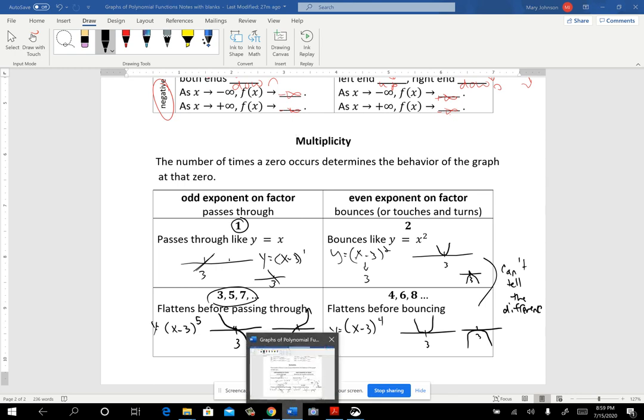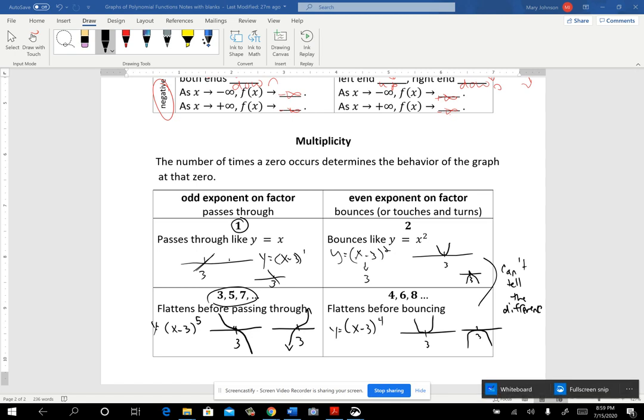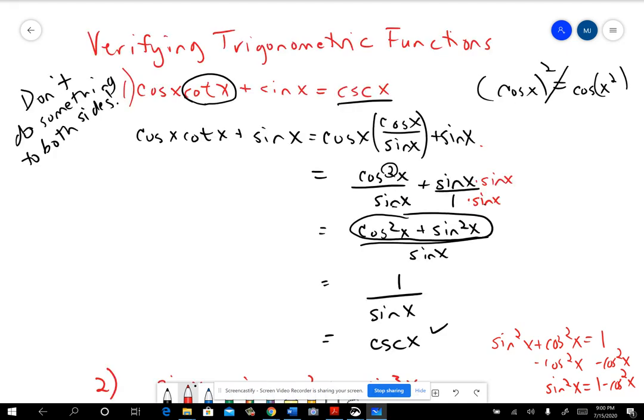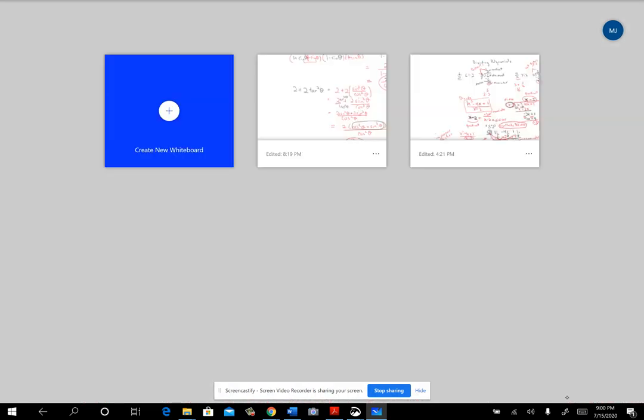In this same video, I want to do one example. So let me get to the whiteboard. Let's look at one example of how you would graph taking advantage of all of this information, okay?